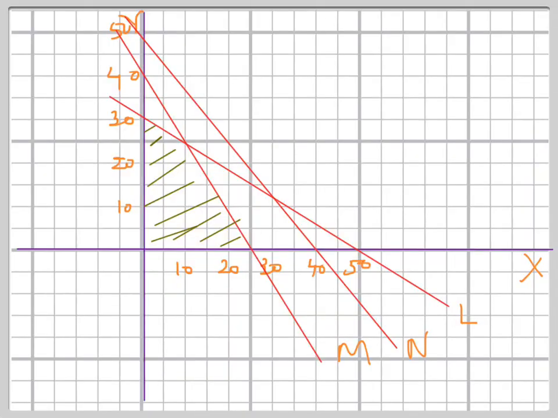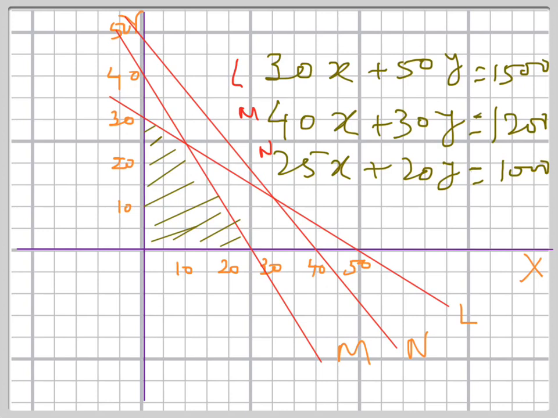So here is the graph using which we have drawn the feasible solution space. The three constraints which we have: the chemical L constraint is 30x plus 50y less than or equal to 1500.